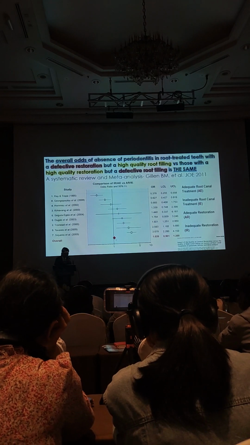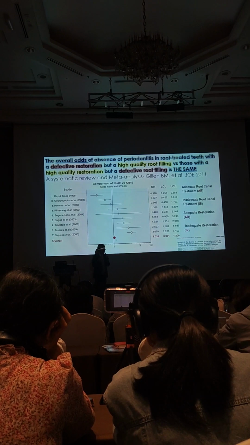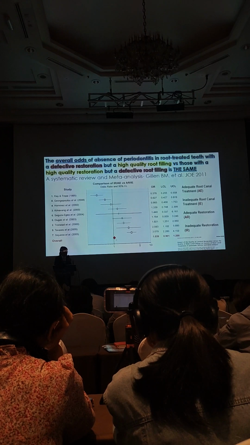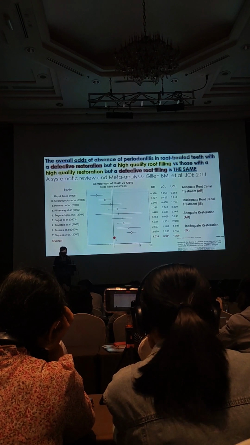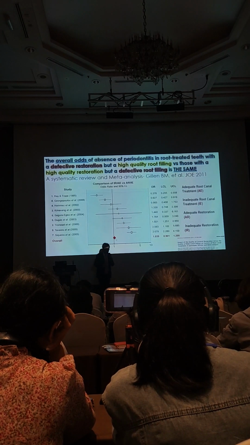So this means you need both good root fillings and good coronal restorations. You have to remember, your job is not just to fill the root canal, your job is also to seal the coronal part in order to prevent bacterial ingress into the root canal. Very, very important.